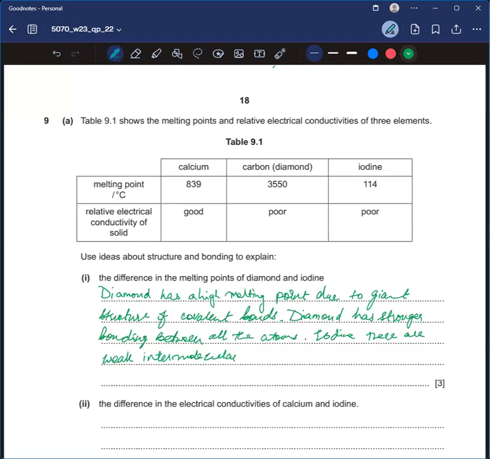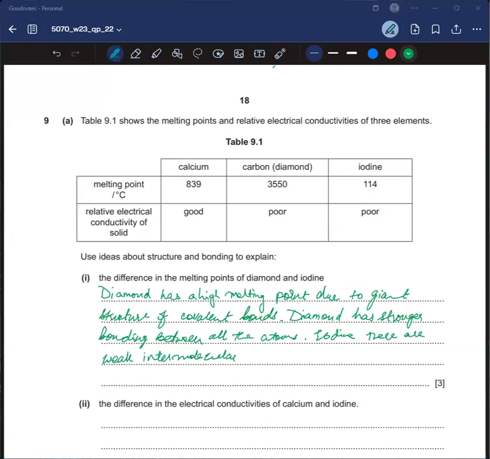Specifically, the forces between iodine molecules are called ID forces, induced dipole forces, or London dispersion forces, but you don't require it at this level.